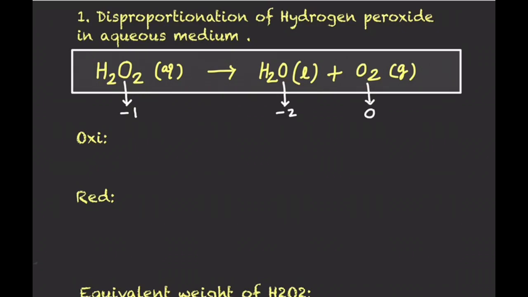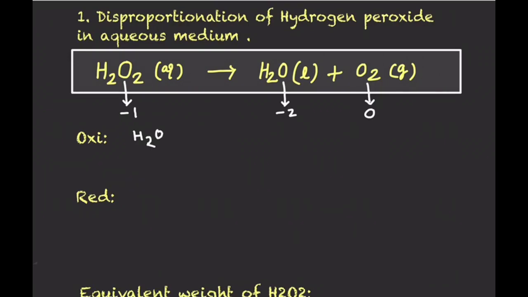So in H2O2, oxygen is the element which is undergoing disproportionation because it exists in 3 different oxidation states: -1, -2 and 0. Let us start balancing the oxidation part, and since the medium is not given, we can take acidic medium or basic medium, or sometimes if acidic or basic medium is not there, it will cancel out, indicating it is a neutral medium.